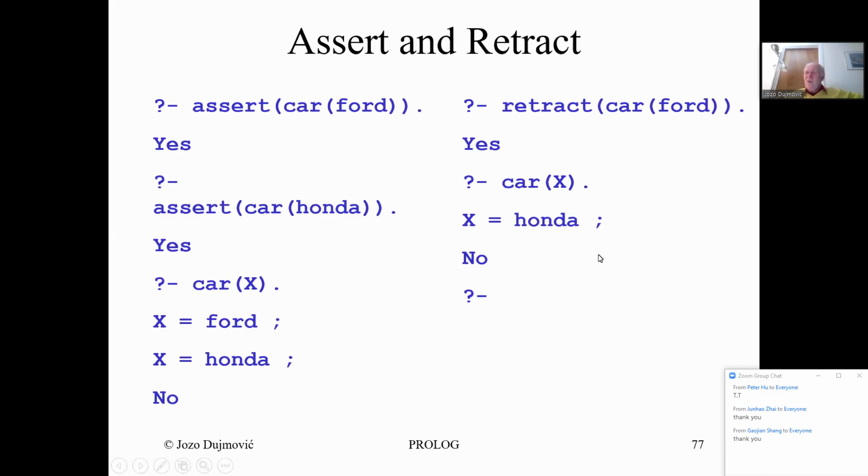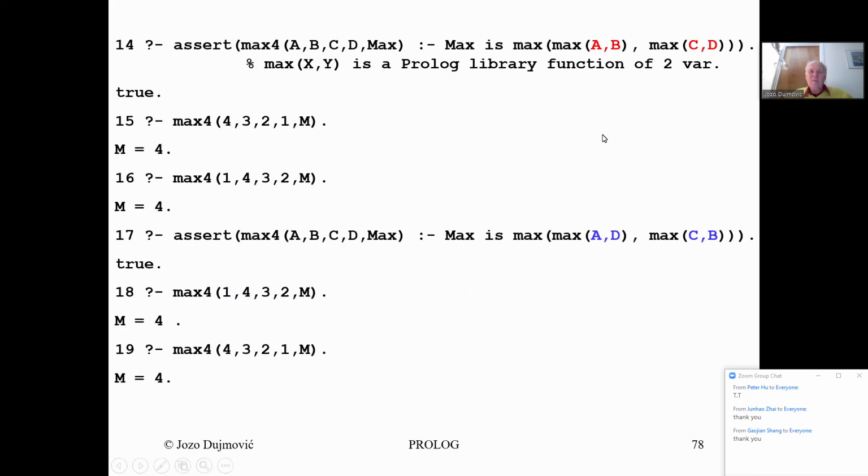PROLOG will work if they are not continuous, like male, female, male, female. But in some cases it creates warnings and complains about mixing these various facts in an arbitrary order. That's not a good idea.